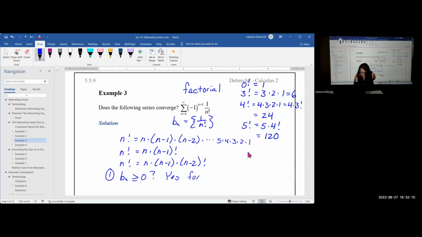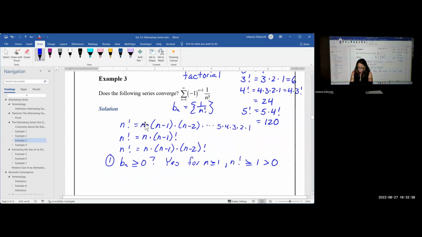For n greater than or equal to 1, n factorial is greater than or equal to 1, right? And 1 is greater than 0, which shows that it's non-negative. Now, that's the first one.